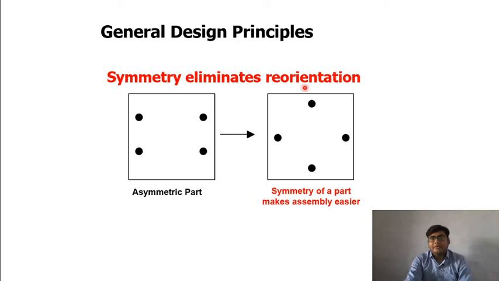And another principle is symmetry. Now what happens is, if your part is asymmetric, then the worker needs to reorient it, and it will take more time because orientation is needed.